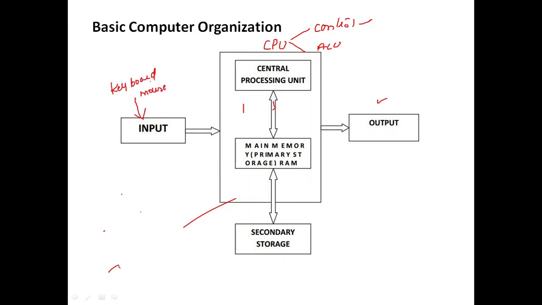These are very familiar input units. Input means anything that feeds data into the computer. The data may be alphanumeric or some other sort of data. In order to process it, we need to give the input.